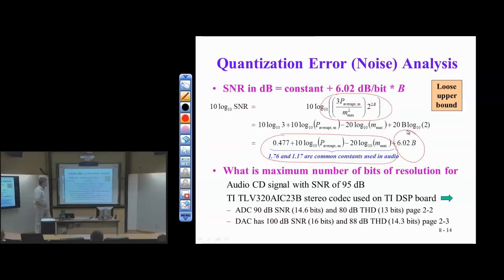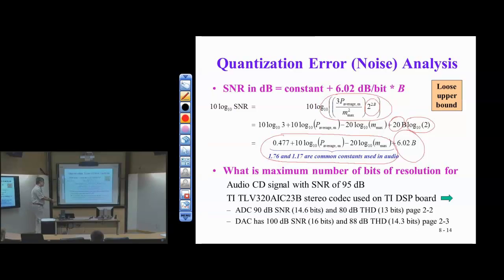And that simply comes from the log. It's 10 log 10 of 2 to the 2b. Properties of logs, the 2b comes down to scale log 10 of 2, and that's where the 6.02 comes from. The 6.02 is 20 times the log base 10 of 2.